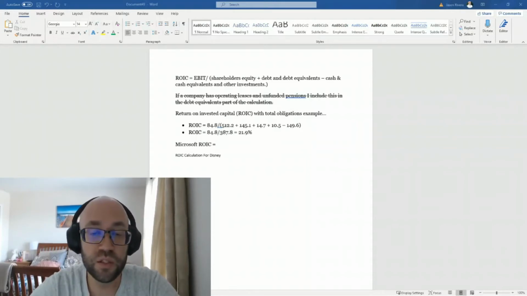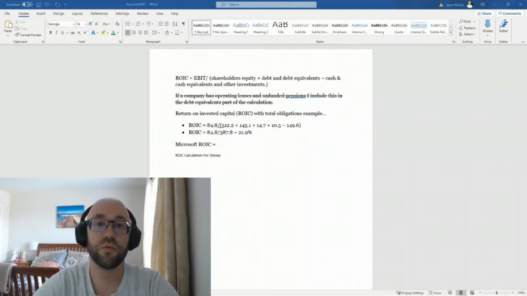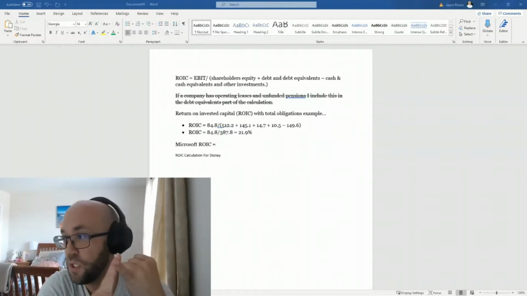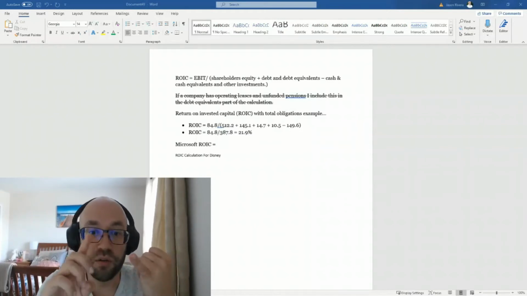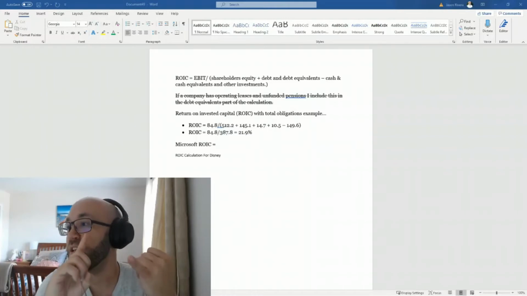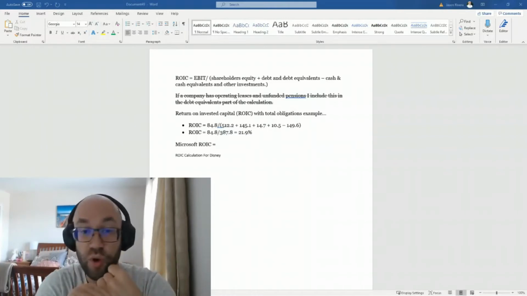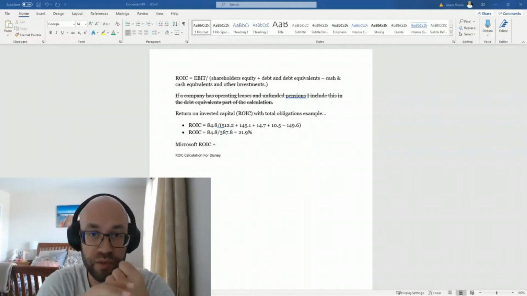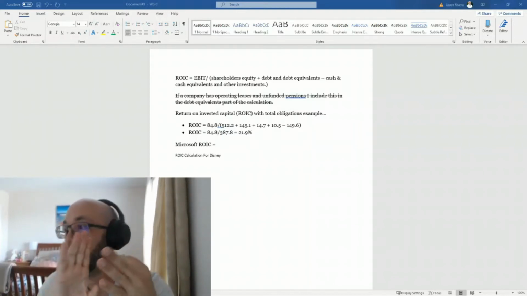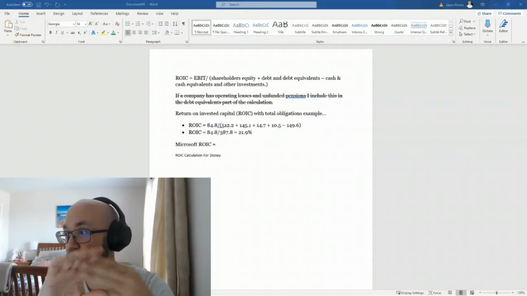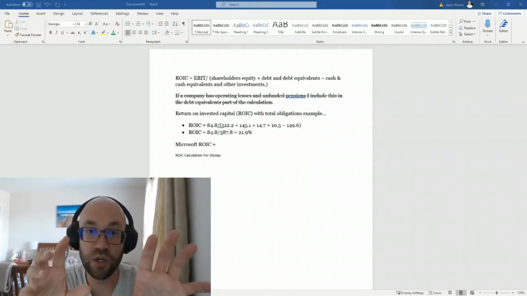To calculate this, all you need is, sorry, not market cap, I'm thinking about value. You need their trailing 12-month operating profit, which you get from Morningstar. Again, I'll show you all these in a second. Shareholders' equity, debt and debt equivalents, cash and cash equivalents, and that's on its balance sheet.